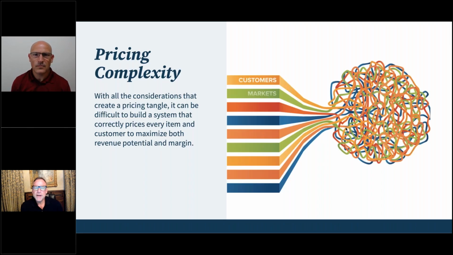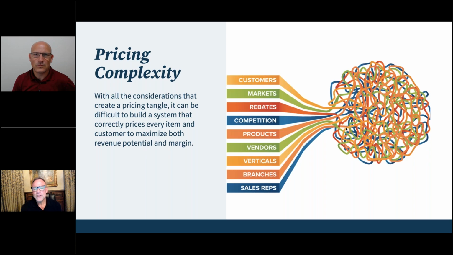So just a little bit of background on why pricing is so challenging for distributors. It really comes down to, at its root, the complexity of the markets that we serve. A typical distributor has thousands of customers, thousands of products, even tens of thousands of SKUs, and they may be selling across different verticals like residential contractors, commercial contractors, industrial customers, all of these different types of verticals that customers are in.